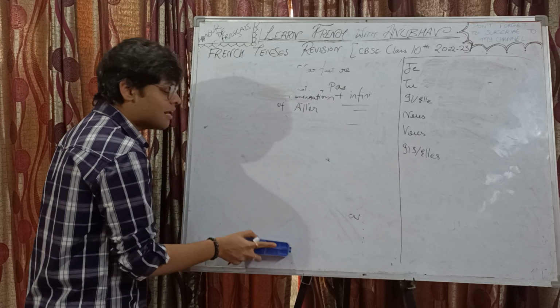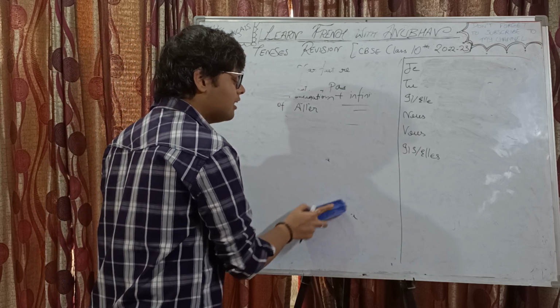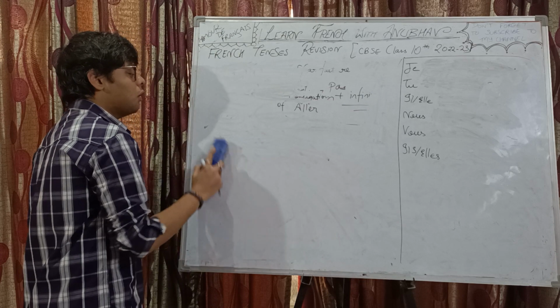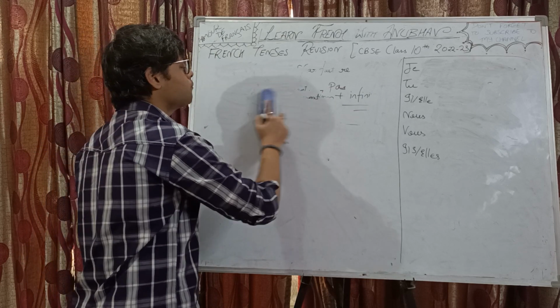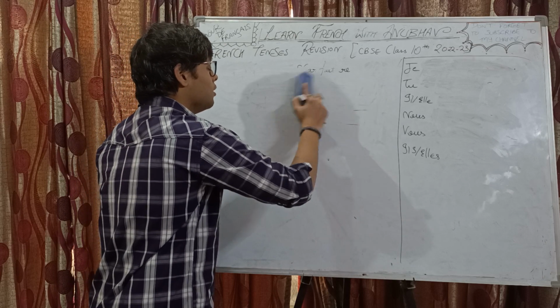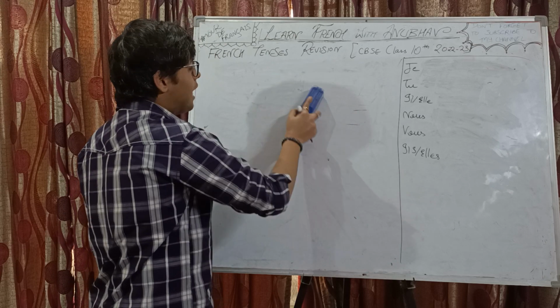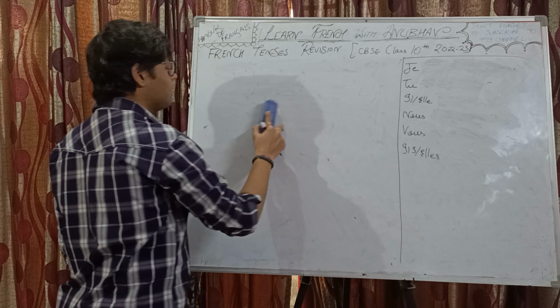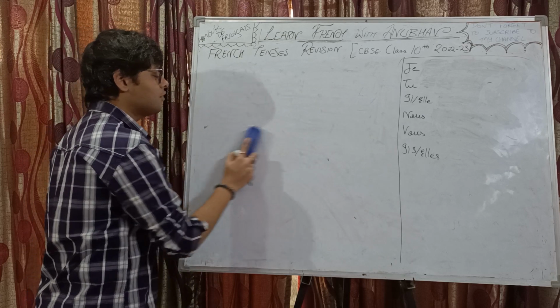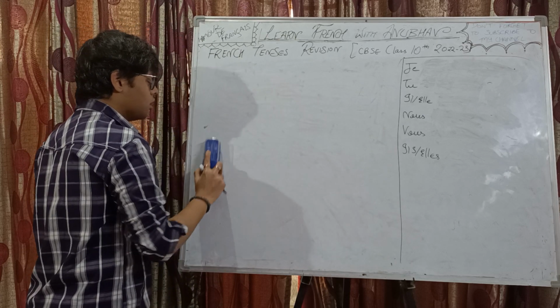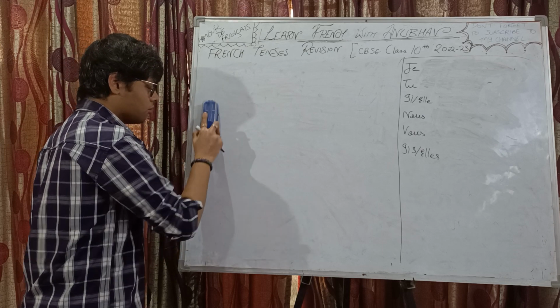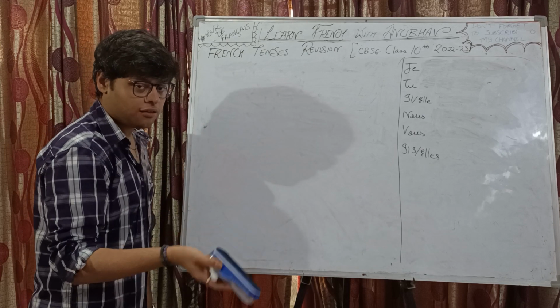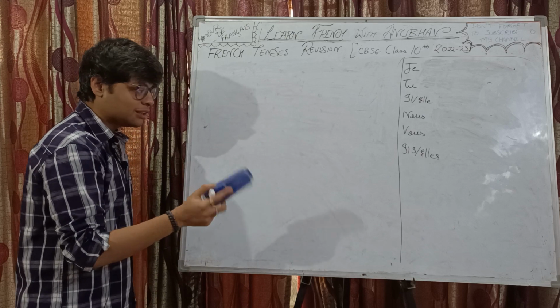Basically these many days later, or the next week, or tomorrow, or the next month. For that, future simple will be there. It's just that you need to check whether it contains future anterior or not. Like there can be a question. That I will discuss later when we discuss future anterior.